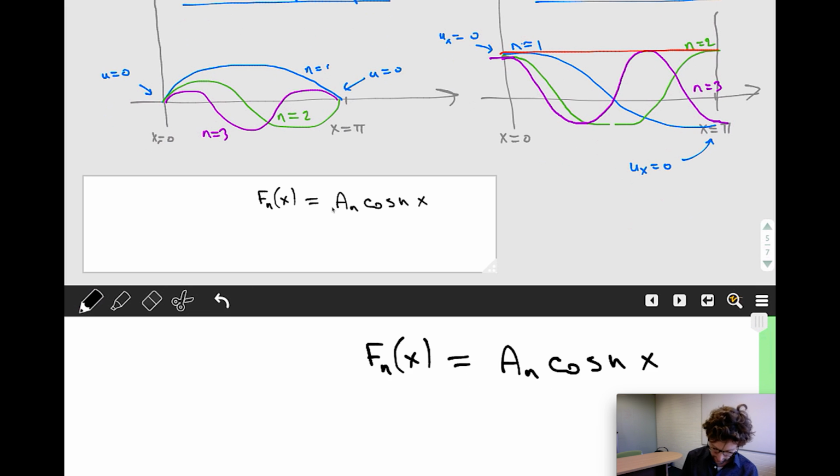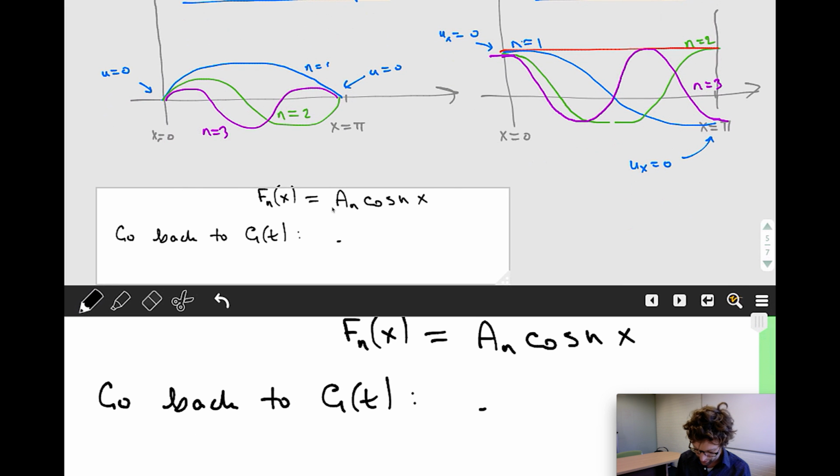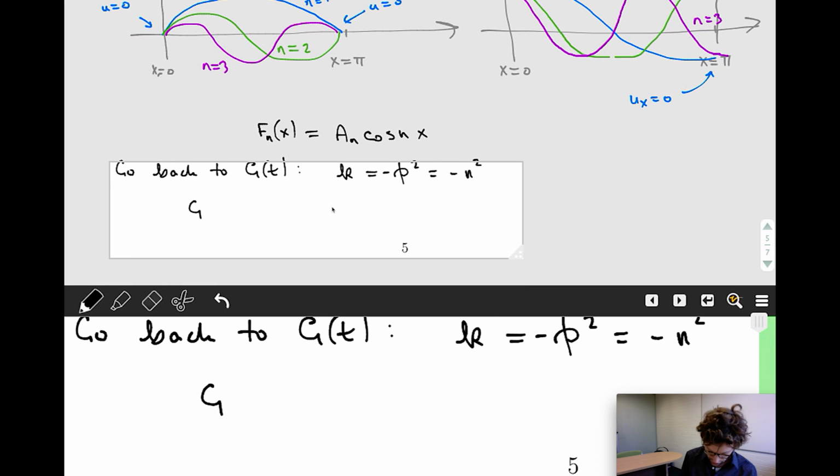And we have to go back and find g of t, using the same value of k. So k is equal to minus p squared, or is equal to minus n squared. So the equation for g of t was g prime of t minus 9 times k g of t.